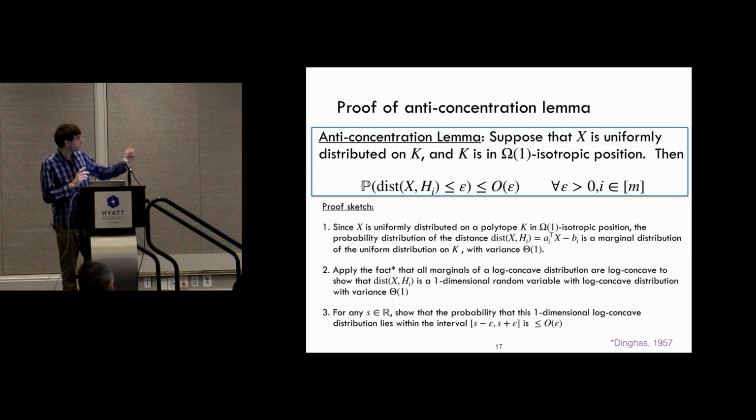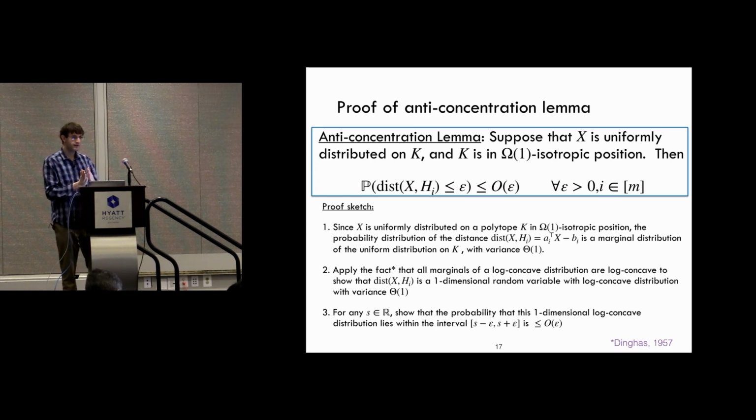We're interested in the distance from any point x from this uniform distribution to any hyperplane. It doesn't need to be a face of the polytope. Since it's a log concave distribution with covariance 1, we can project it onto the direction of the smallest distance to the hyperplane.